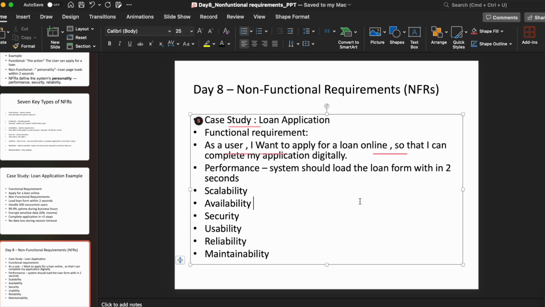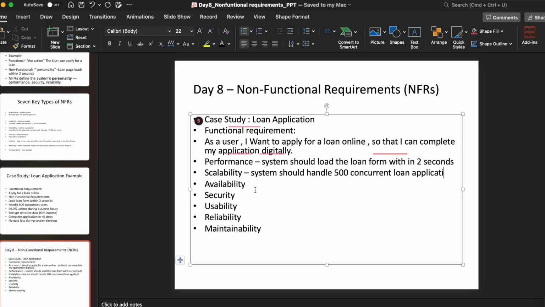Okay, so for the scalability, if you are writing system should handle 500 concurrent loan applications. So if you are wondering who can give you this one, definitely you need to talk to your engineering manager, solution architect, your tech lead, right? The business won't give you this. You need to work with your technical partners.